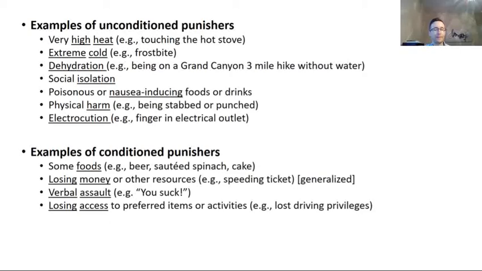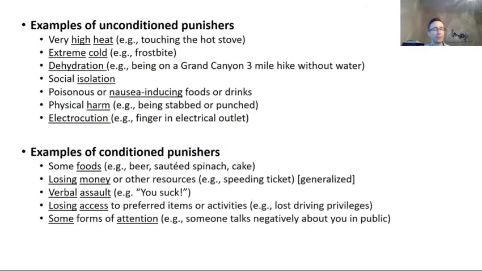But what items and activities are preferred to you may be different than what are preferred to me and the next person, and therefore the loss of some items and activities may not function as conditioned punishers for you as they would for me, and vice versa, for your behavior and for my behavior rather.